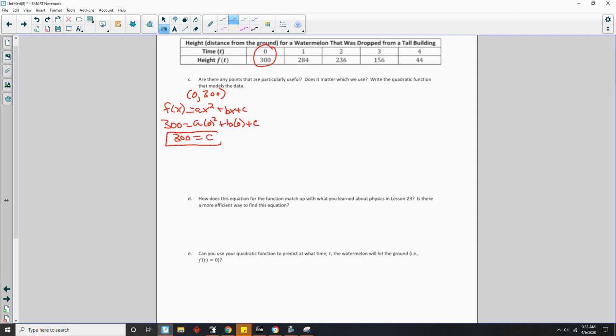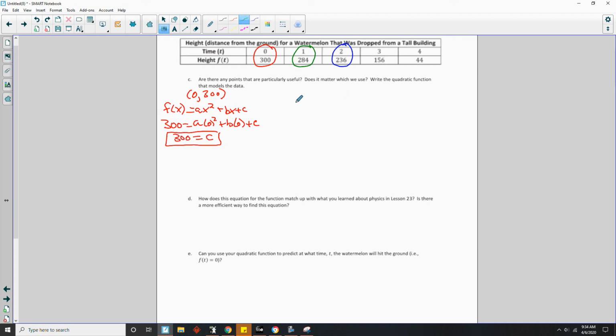So I've already got my constant for my quadratic. Does it matter which ones we use? Yes and no. If we use smaller numbers, it's easier to work with. 1 and 2 for my x's would be great.